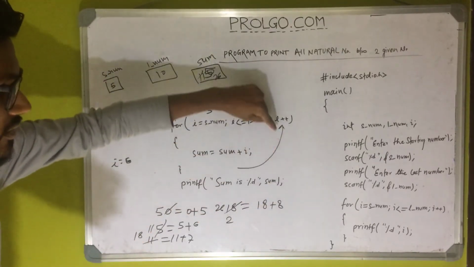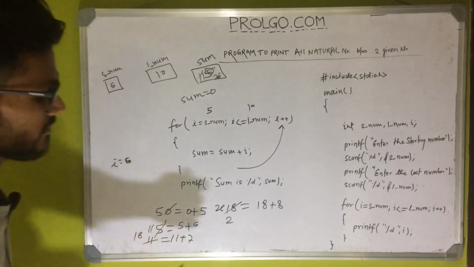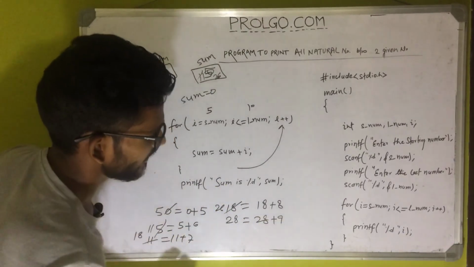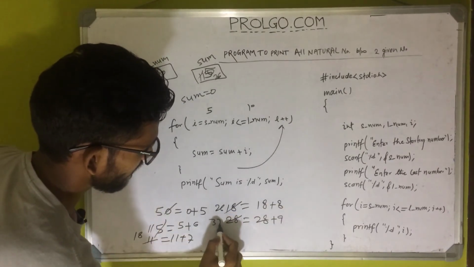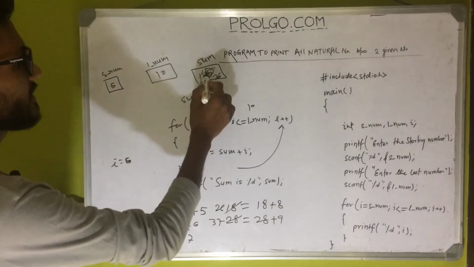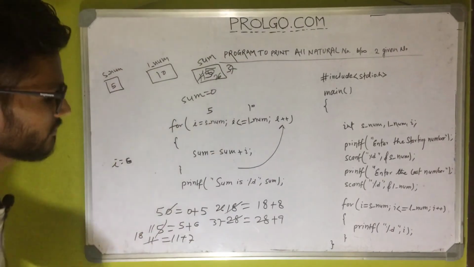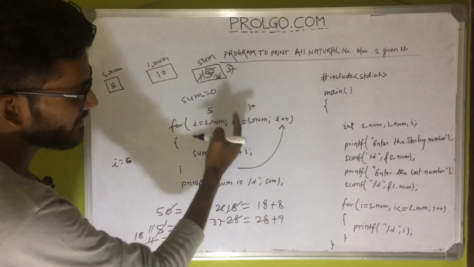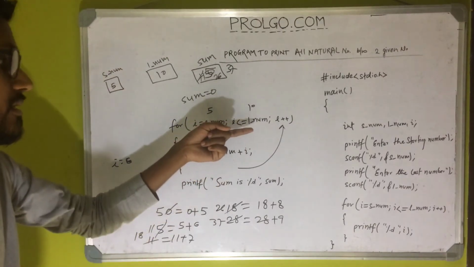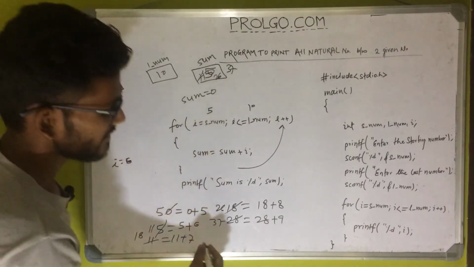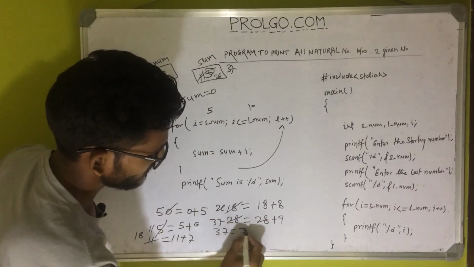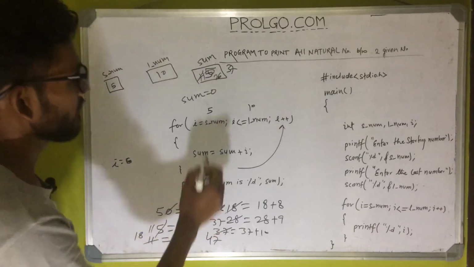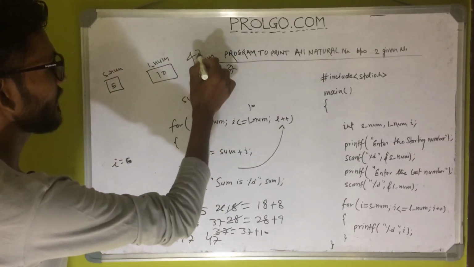And then now the value will become 9. So it will be 26 plus 9 is equal to 35. Now 35 will be stored in sum, and after that i will become 10. 10 is less than or equal to 10. Yes, that's also correct. So it will come inside, and then 35 plus 10, which is 45. Then 45 will be updated here.